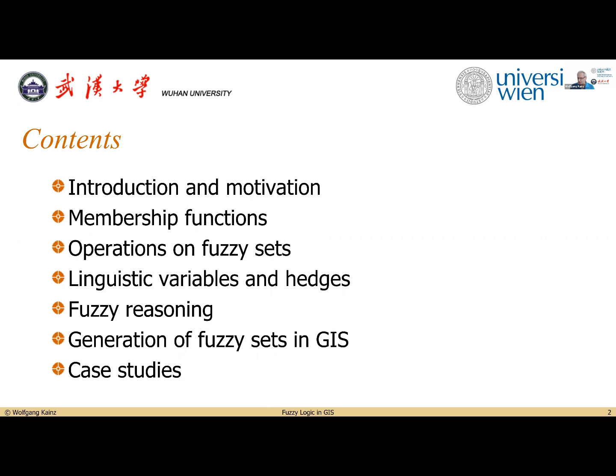Now, in terms of software, today I will use ArcGIS to show you some examples, perhaps QGIS, or I will show you both software packages.